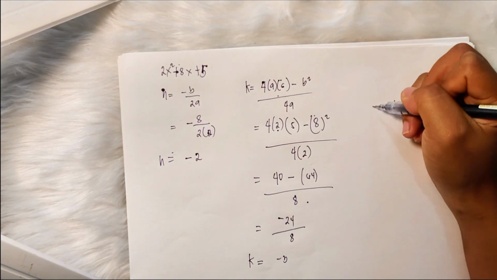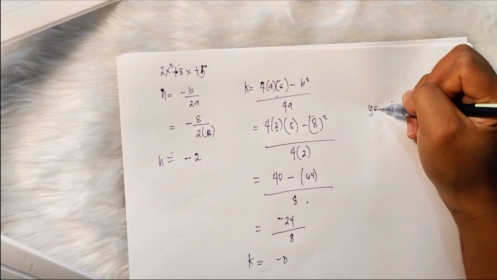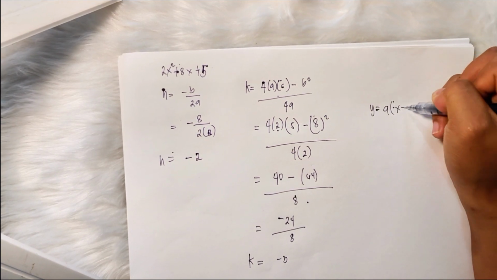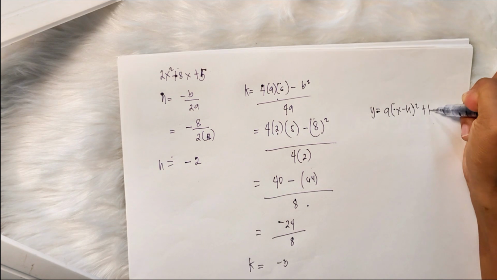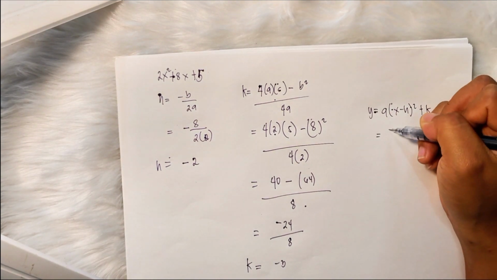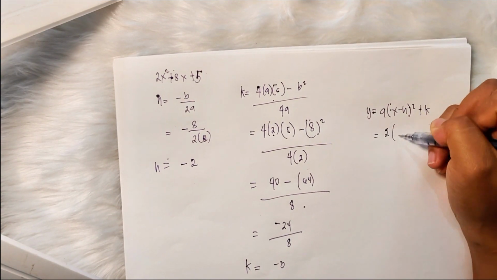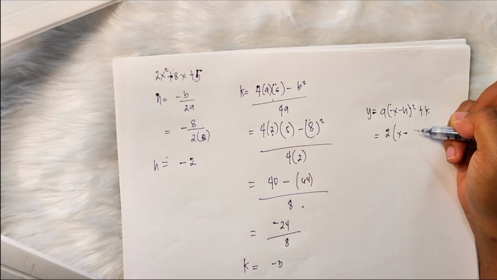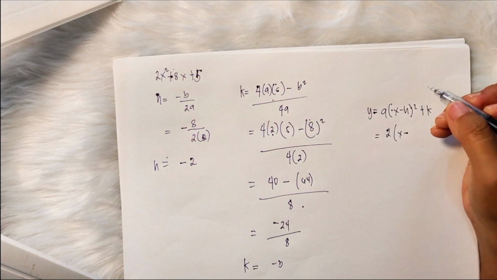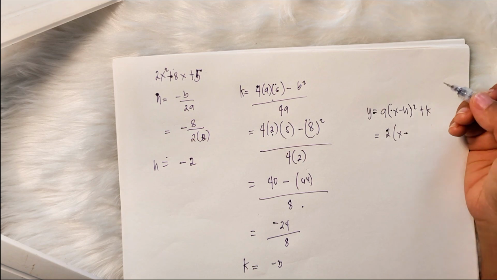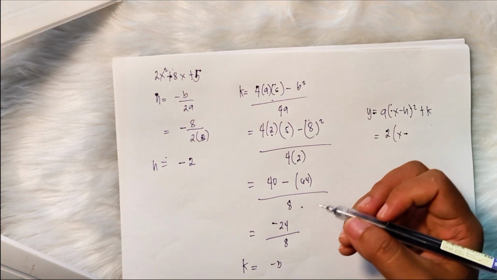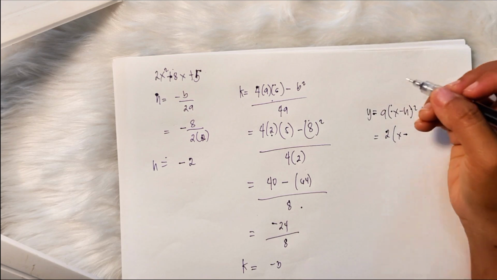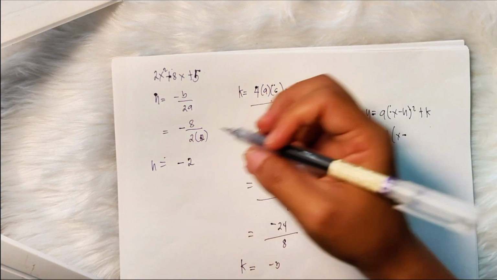To complete, okay, let's try. We have y is equal to a times (x minus h) squared plus k. Yung ating a is 2 times x minus h. Ay, sorry, negative 2 pala ito.